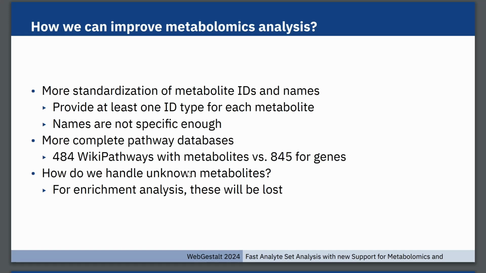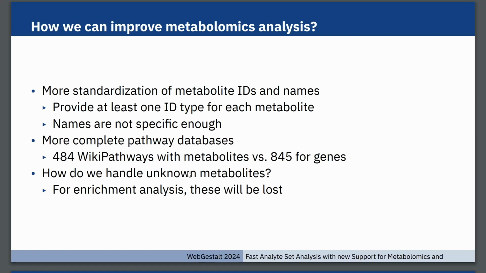I think over time this will improve. If you have pathways that you're interested in, WikiPathways allows you to submit them, and they will be reviewed and added to WebGestalt and all these other enrichment tools. But the annotation for metabolites is definitely lacking.